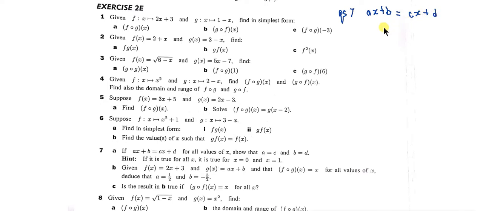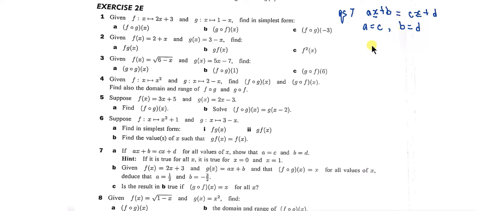Now, if you look at the coefficient of x, which is a and c, if this side is equal to this side, then the coefficient of x for this side must equal the coefficient of x on the right hand side, and then similarly the constant b must equal to d, for it to become equal.